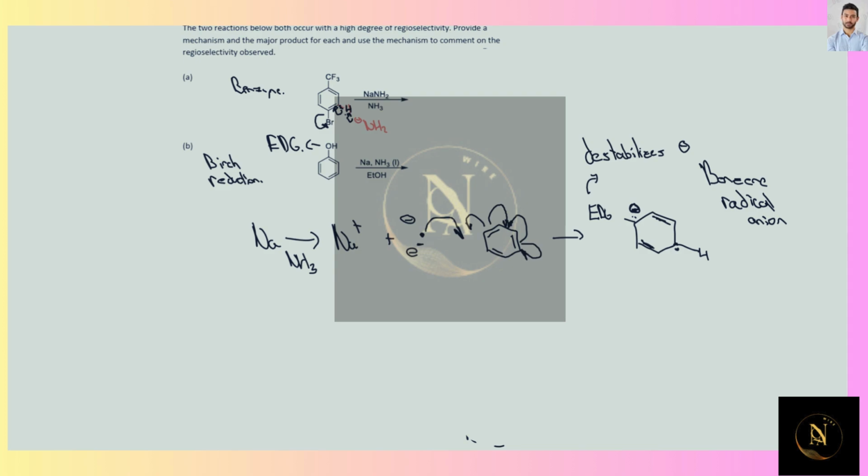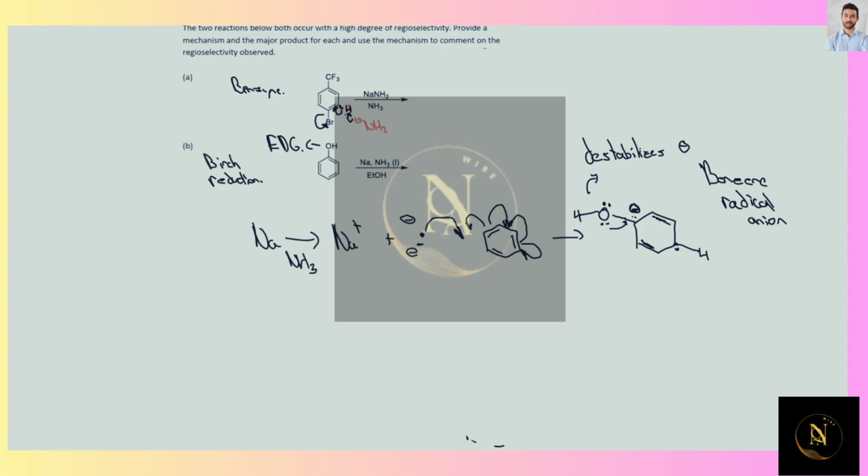So for that reason, and let me do the example directly with the OH group that we're going to have, we have this pair of electrons of the oxygen, and the donation of that pair of electrons towards the benzene ring is going to have a destabilizing effect.